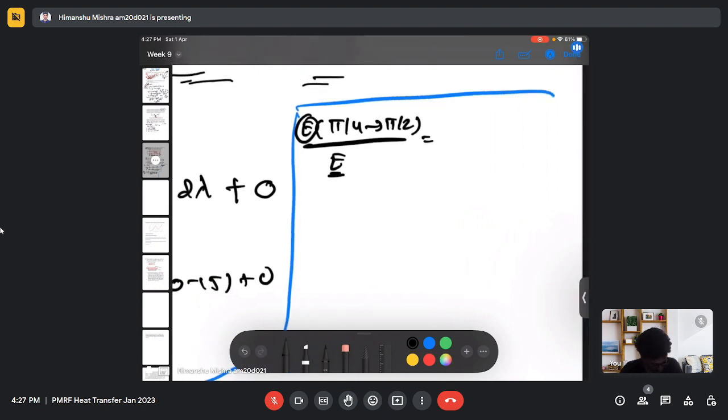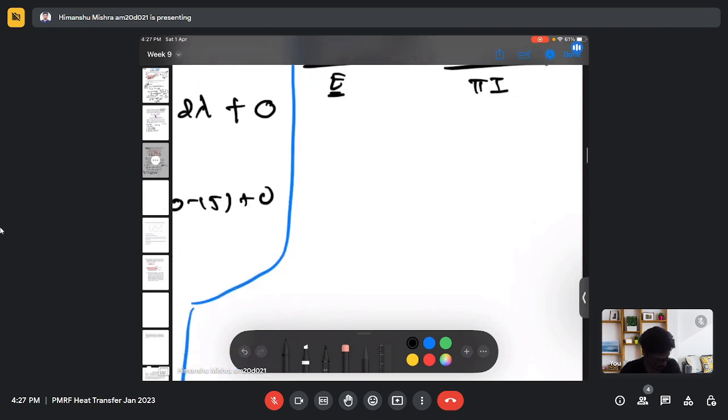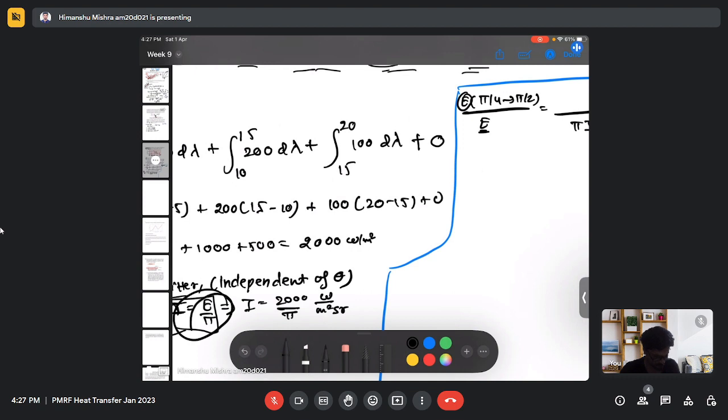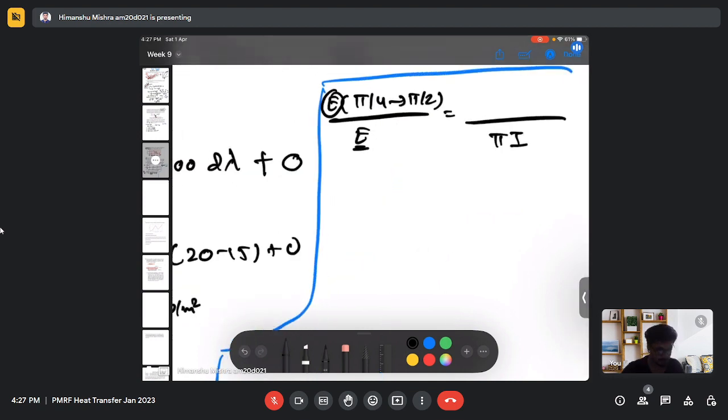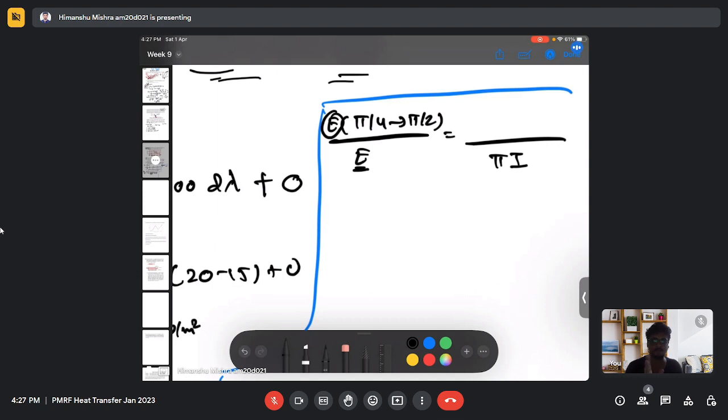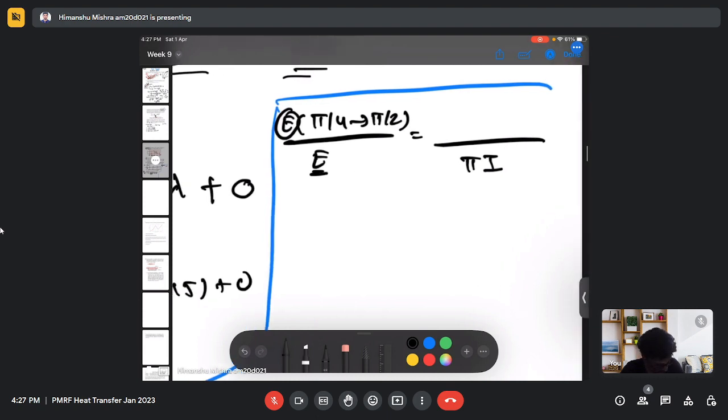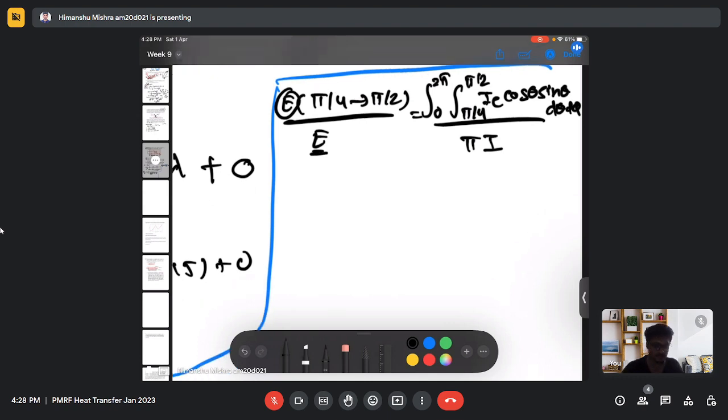My total power is just pi I for the diffusive nature. And for a specific angle range, the part of my total power is given by the integral of I cos theta sin theta d theta d phi. So d phi will always be 0 to 2 pi, and based on the direction given in the question, theta is from pi by 4 to pi by 2.